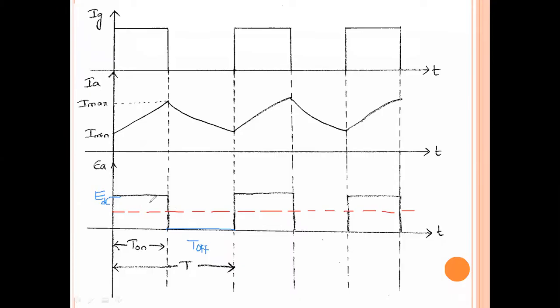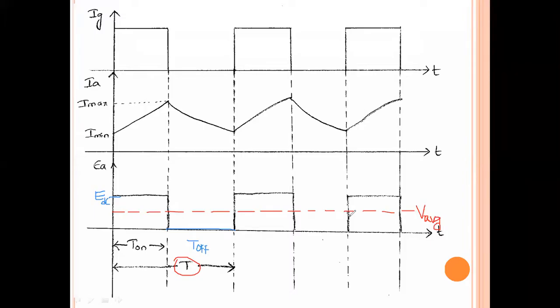If you average the complete time period T, we get this red line as the output voltage. We can call it V naught or E naught, or V average or E average. This is the average output voltage across the motor terminals.